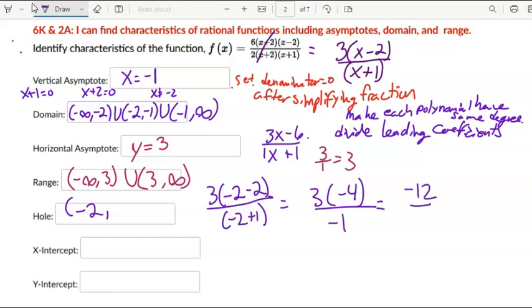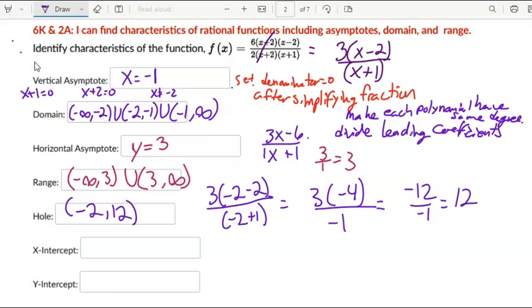So negative 12 over negative 1, that's just 12. So our hole would be at negative 2 comma 12. To get the x value, you see what factors cancel out, set those equal to 0. To get the y coordinate, after you have your simplified expression, plug in the x value that you got.